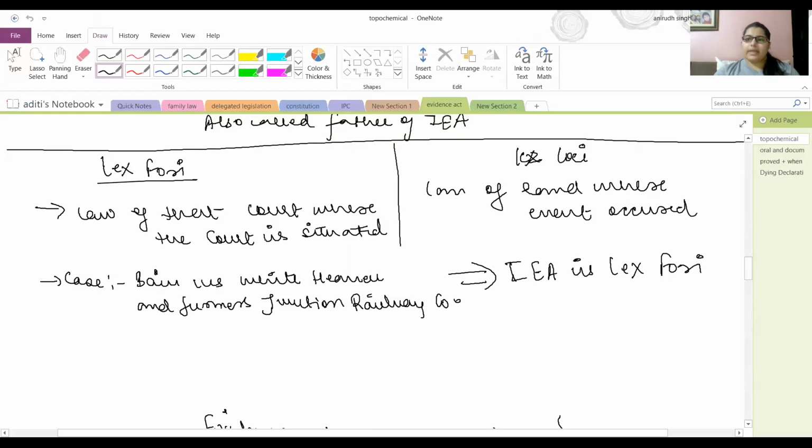It means the law of the court where the court is situated. This was held in the case of Bain versus Whitehaven and Furness Junction Railway Company, that the Indian Evidence Act is lex fori and not lex loci.